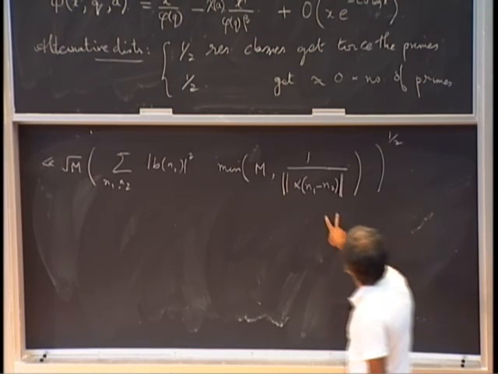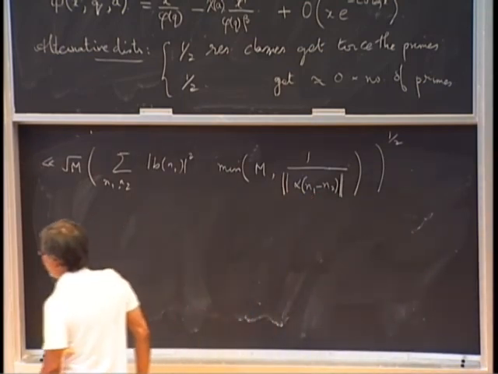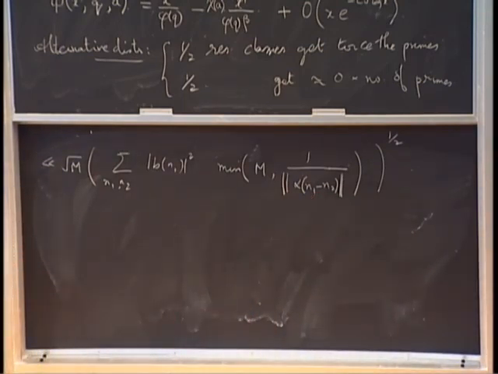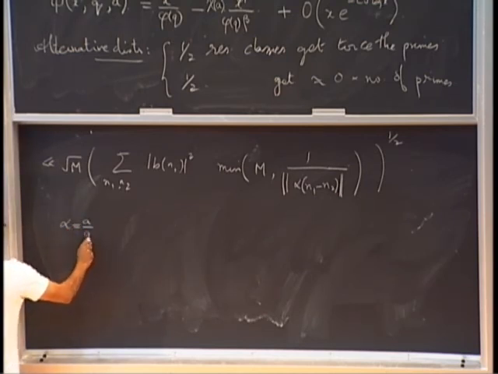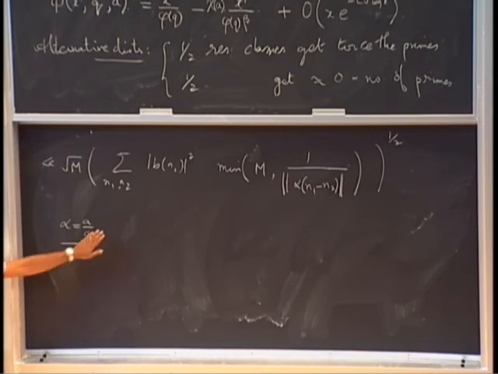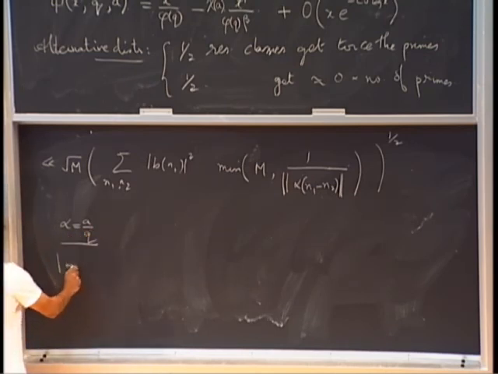So now how do I evaluate this? Well, pretend that alpha is just the same as a over q, maybe a over q plus a very small amount. By Dirichlet's theorem, I can always assume that there is an a over q with alpha minus a over q bounded by 1 over q squared.